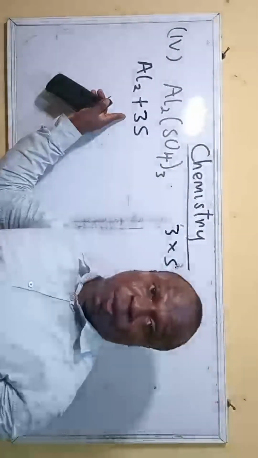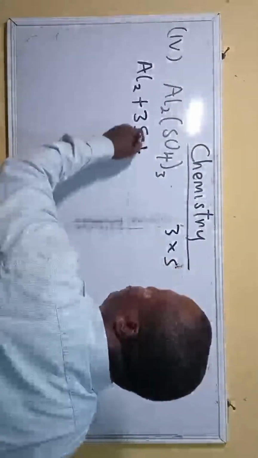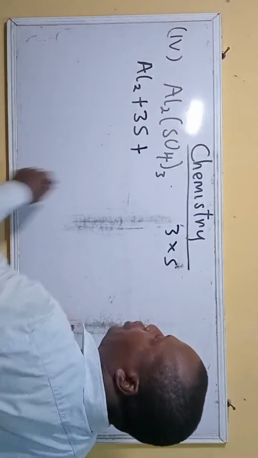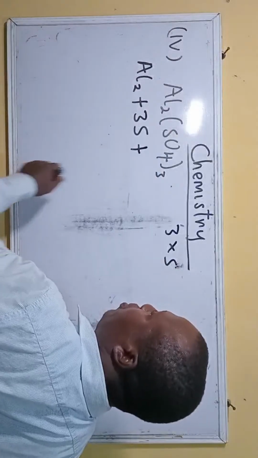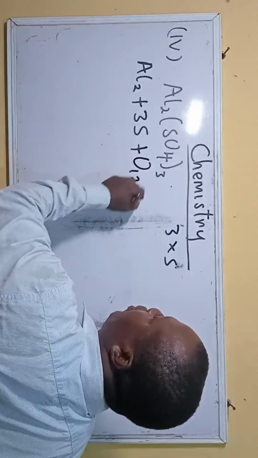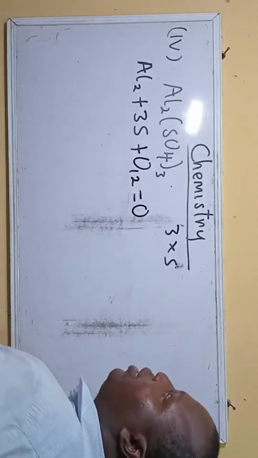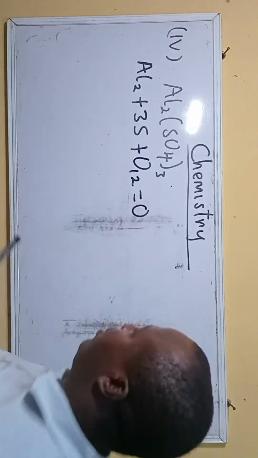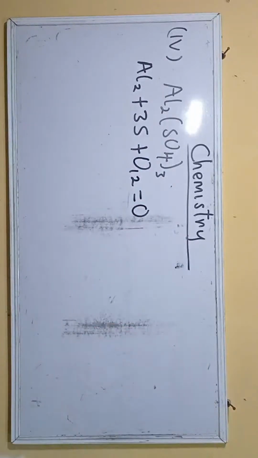This one has got molecule already. Plus, now, 3 times this 4 will give us 12 of oxygen. Yes. It's correct like this. Now, I've done this. Correct.